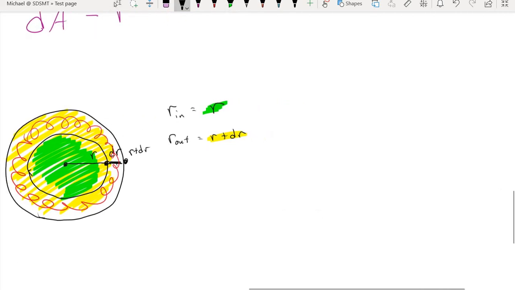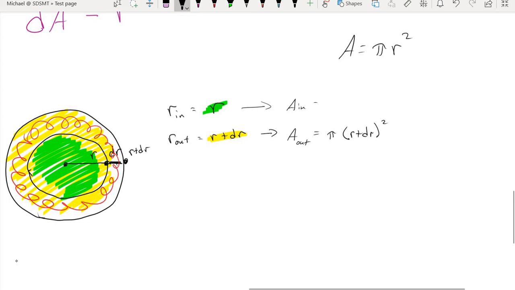And that's what we'll do. Each of these is just a circle, and our area expression for a circle is pi r squared, so we have pi times r plus dr squared for the outer area.